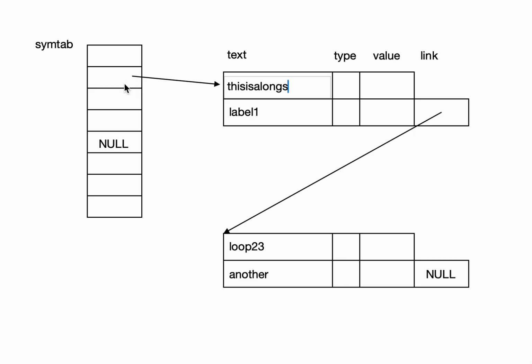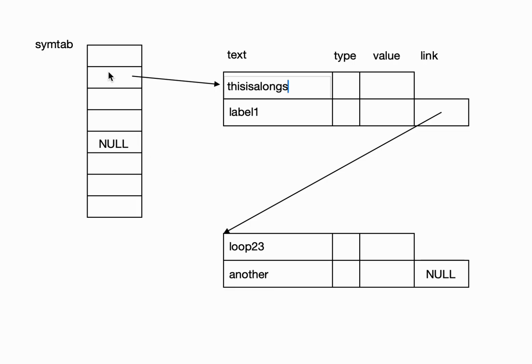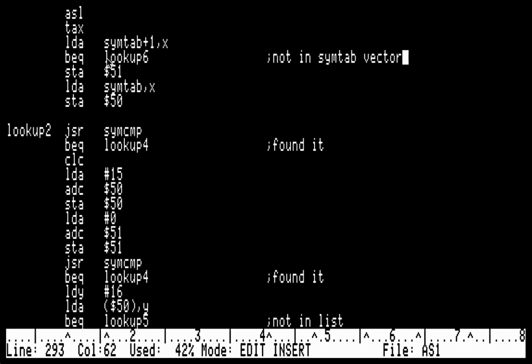If this is null, then this is a null pointer like this here, which means I'll go to lookup 6 and not in symtab vector. All right, if it's not null, then I'll go ahead and store the pointer that's here into my 0 page locations, which is what this does, and then I'll start checking.